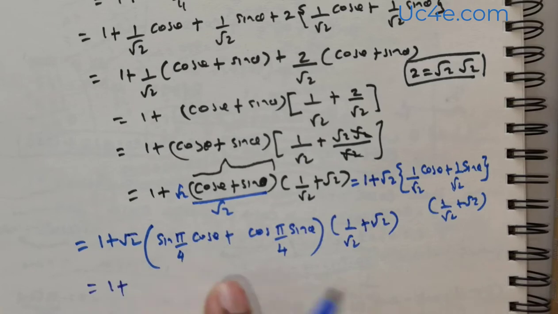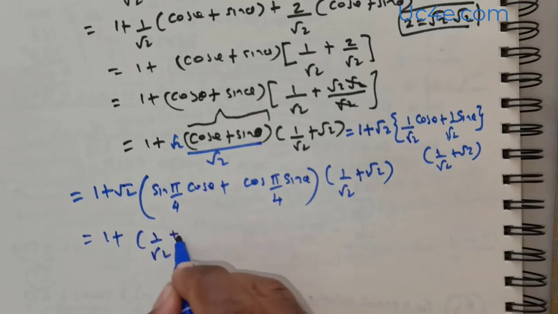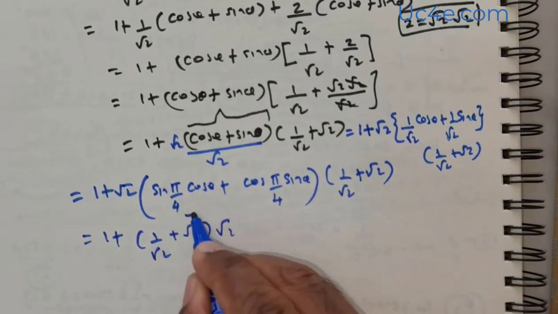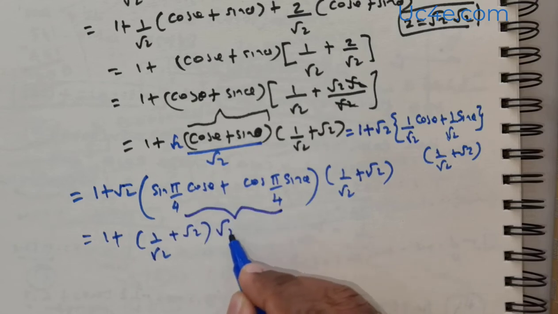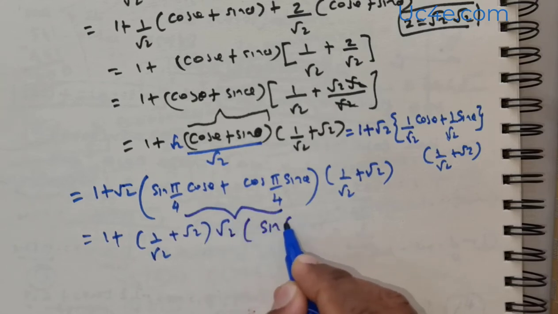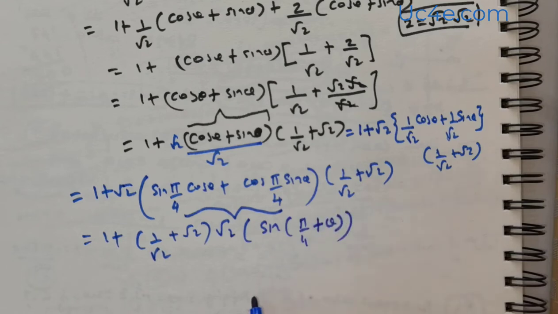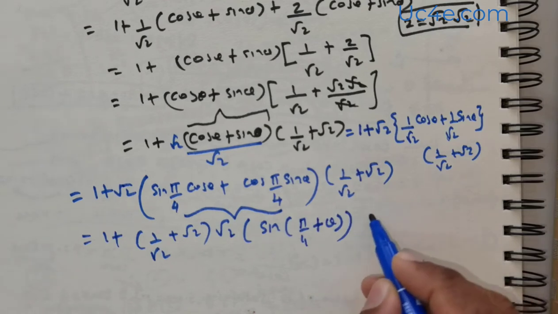I would like to rewrite this entire component in this fashion: 1 positive 1 over root 2 positive root 2 times root 2 of this entire thing can be rewritten as sine of pi over 4 positive theta, right? Now the question wants us to find out when will this produce a maximum value.